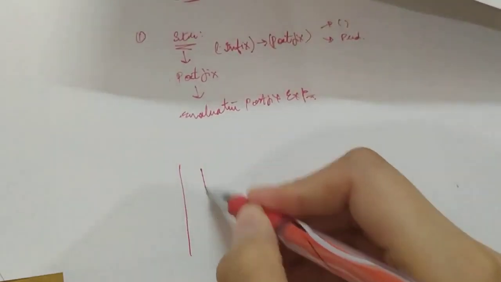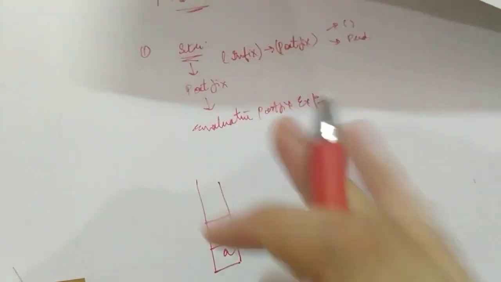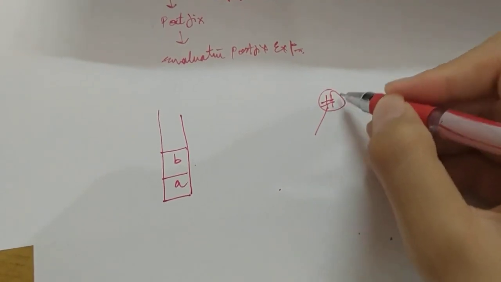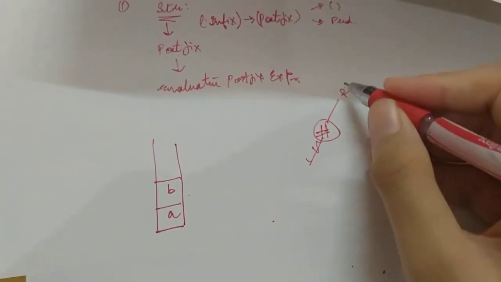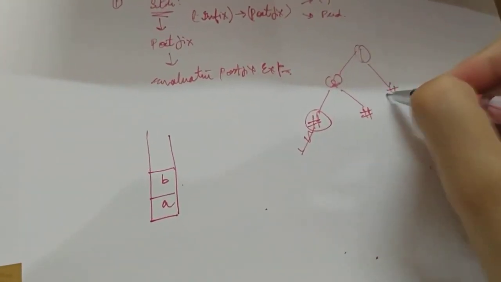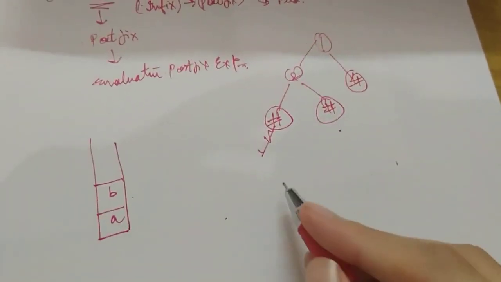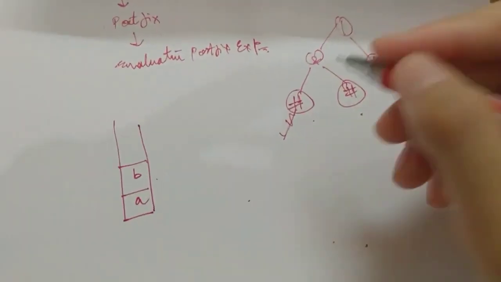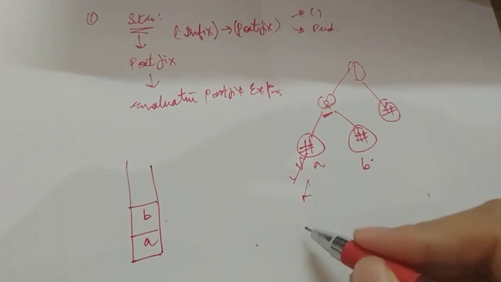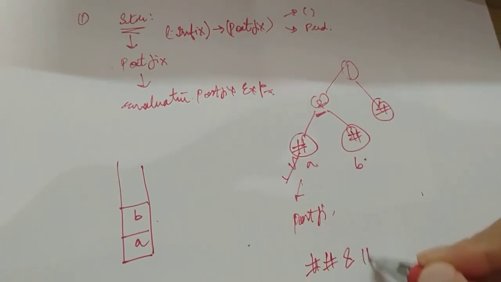For the part where we had two operands A and B in the stack, for example the tree was like this, say hash. If the tree is like this, say here these are A and B and we evaluate the AND, its postfix will look like hash hash AND hash OR.